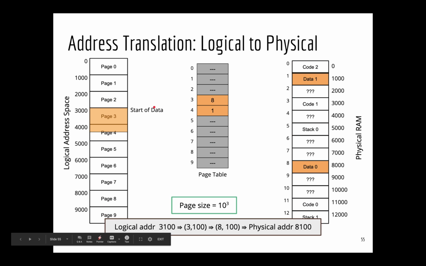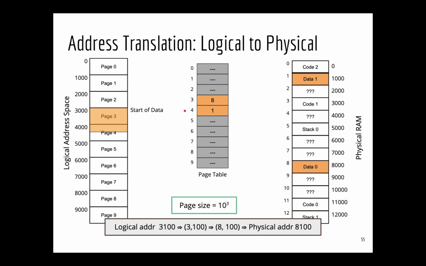So now let's look at how address translation is done by MMU hardware. Again, to remove clutter, we will focus only on the 2 data pages starting at logical address 8000. In the page table, these 2 pages correspond to index 3 and 4, because page 3 and page 4, index 3 and index 4.